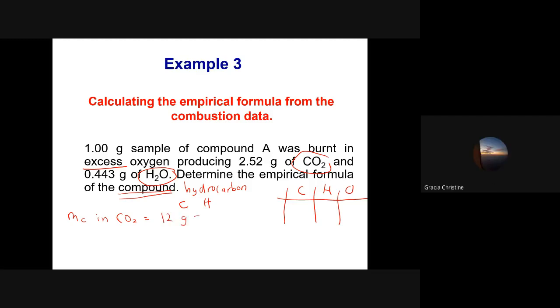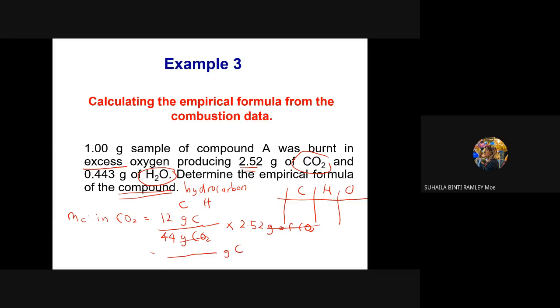Divide by the total mass of carbon dioxide: 1 carbon, 2 oxygen, 1 times 12 plus 16 times 2, so 44 gram of carbon dioxide, times the given mass of carbon dioxide, 2.52 gram of CO2. Cancel this, and we get the mass of carbon.